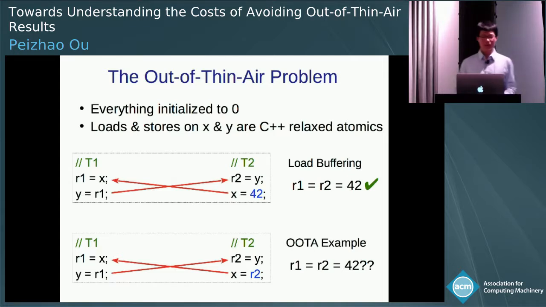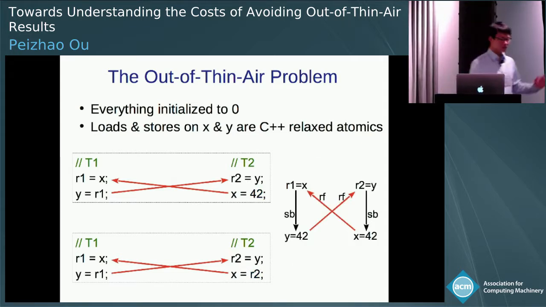Now the interesting question is, for the second example, do we allow the exact same reads-from relationship as the first one and allow R1 equals R2 equals 42? To better answer that question, let me show you the graph with the sequenced-before and reads-from relationships on the right here.